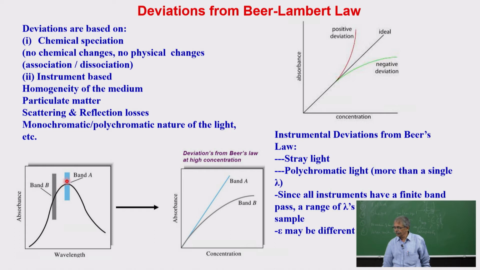If it is a single line or if it is a band, the value will vary. If it is a single line, the resolution of your light also matters, and that can lead to the absorbance decreasing or increasing. Decreasing is the negative deviation, increasing is the positive deviation, and what you are looking for is the ideal one.